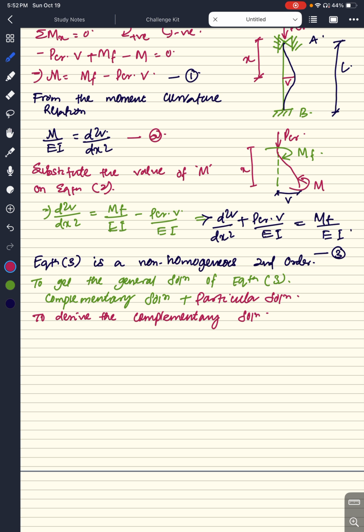Now to derive the complementary solution, what we do is set the right hand side of equation 3 to 0: d square v by dx square plus PCR v by EI is equal to 0. So we convert equation 3 into a homogeneous equation.